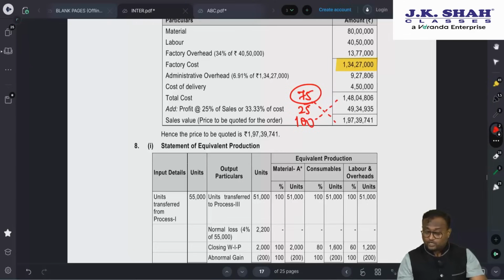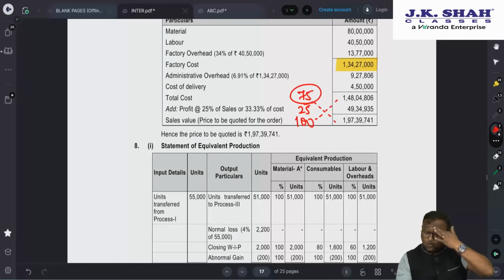So, 1 crore 48 lakh 04806 divided by 75%. 1 crore 97 lakh 39,741 will be the cost.